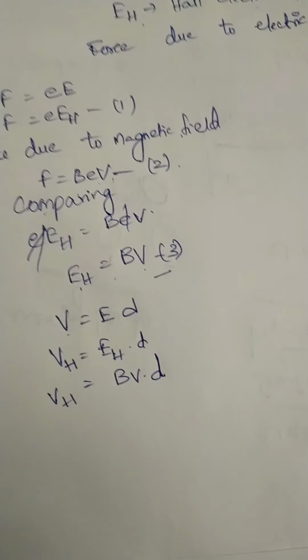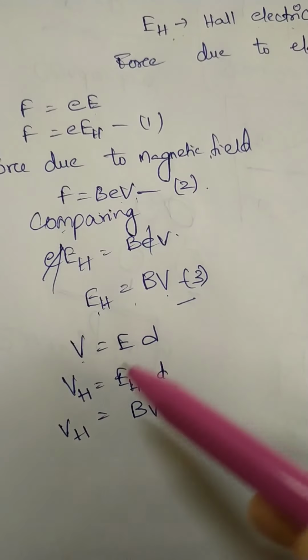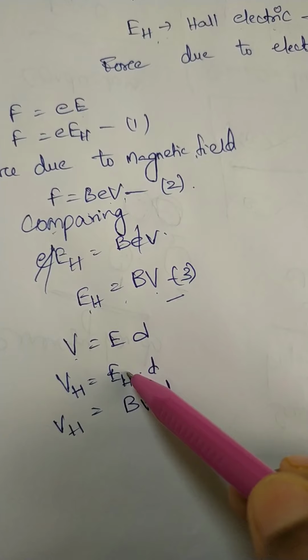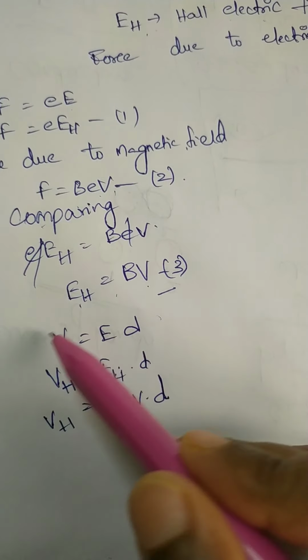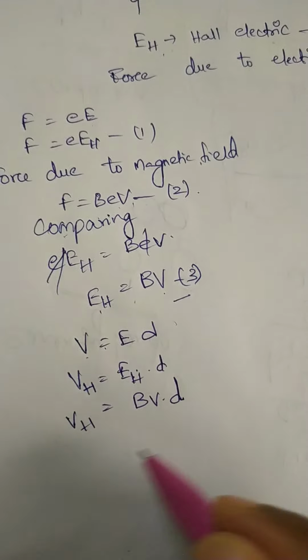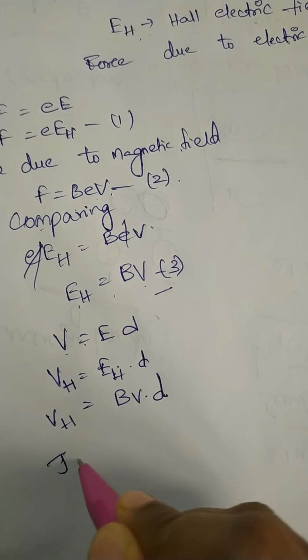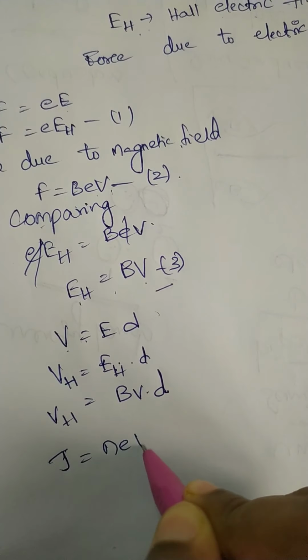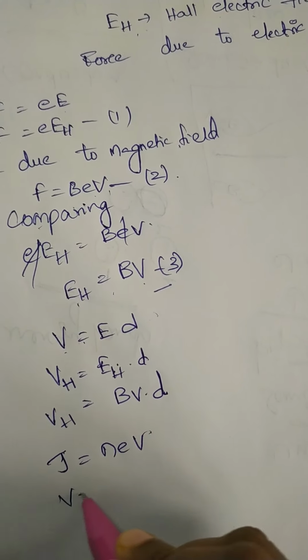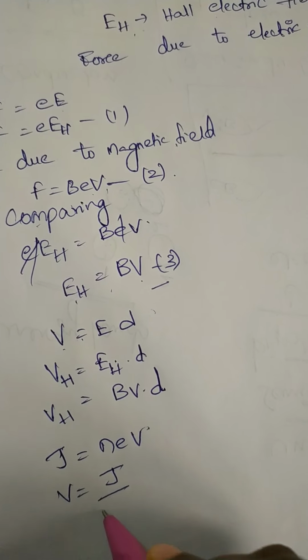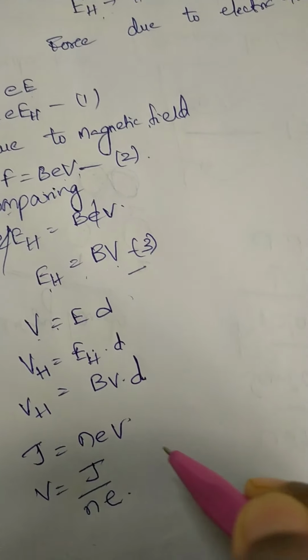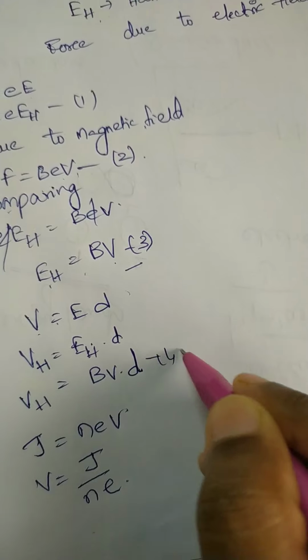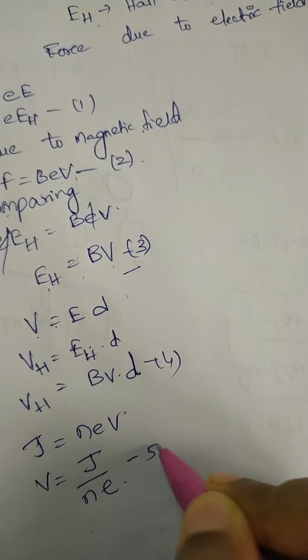Now what do we have to do next? Here there is the Hall voltage, the electric field, and this is the drifting equation. Now the total current density J is equal to neV. Then V can be written as V equals J by ne. This is the fourth equation, and this is the fifth equation.